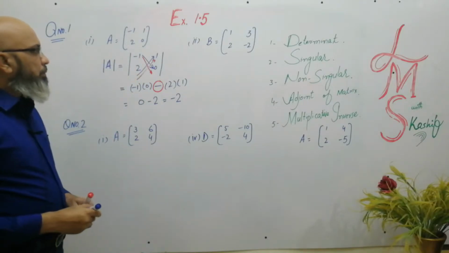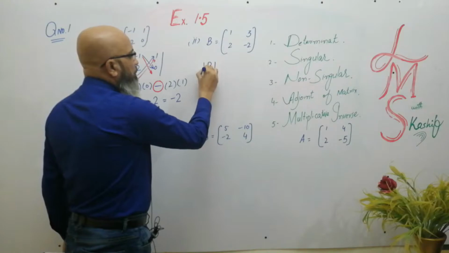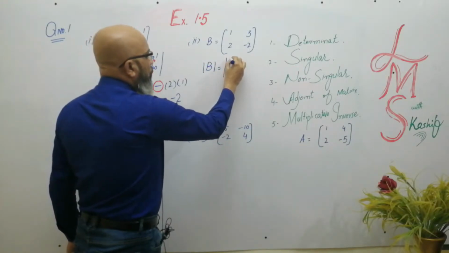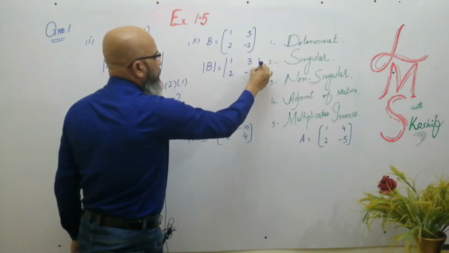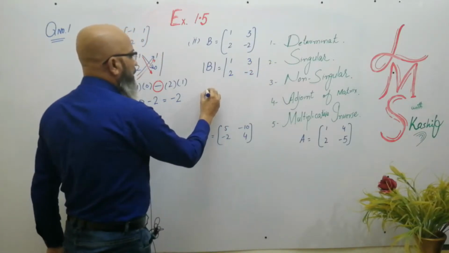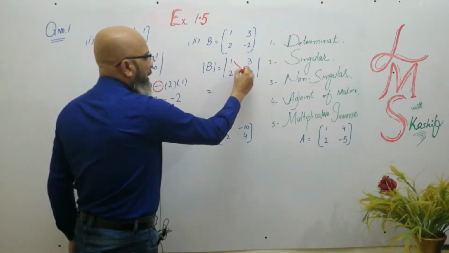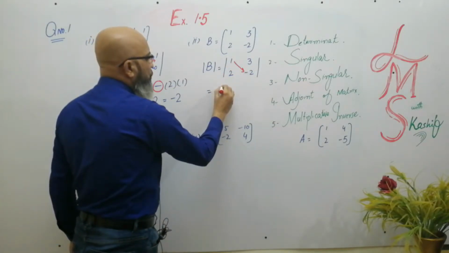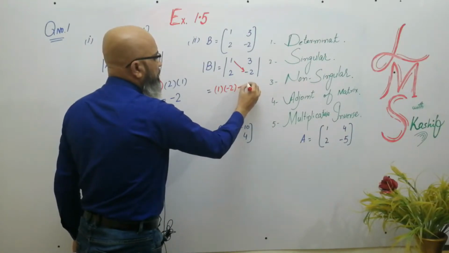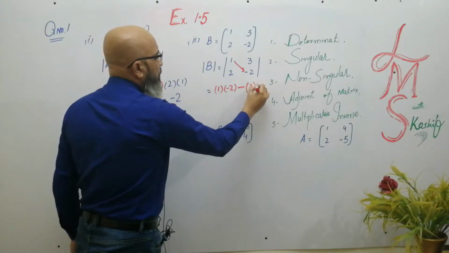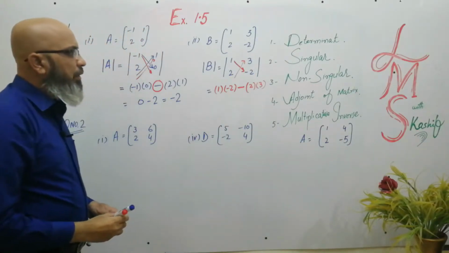Look at another example. What will we do first? B determinant is equal to 1, 2, 3, -2. So how can you find its determinant? You will multiply 1 into -2, and minus 2 into 3 in this way, right?